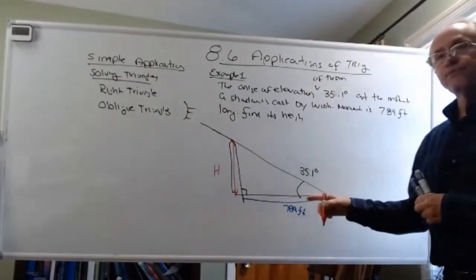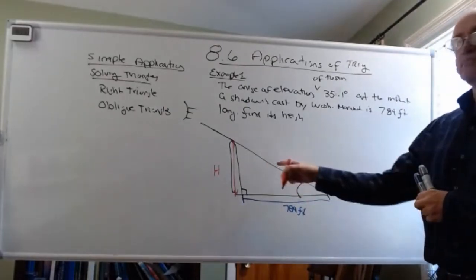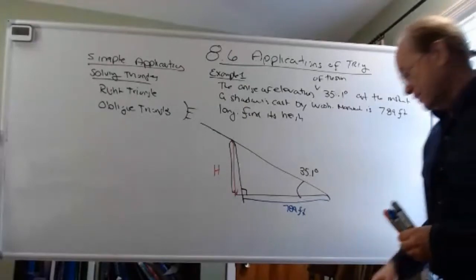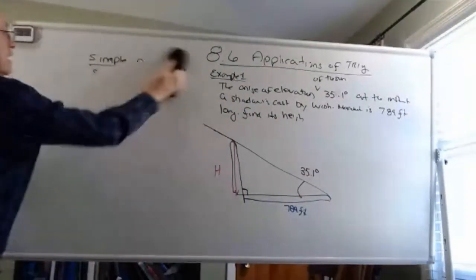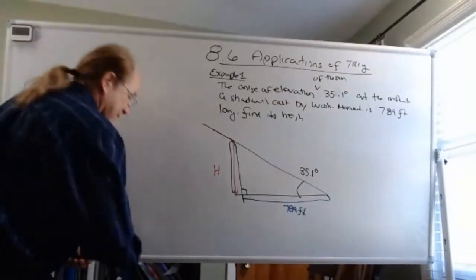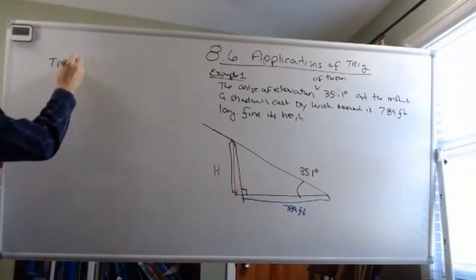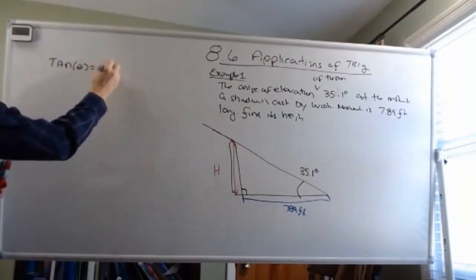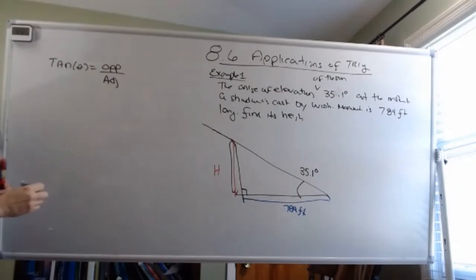So what do I know? I have various trig relations, and the one that does not involve the hypotenuse is the tangent. The tangent of an angle theta is the opposite side over the adjacent side.